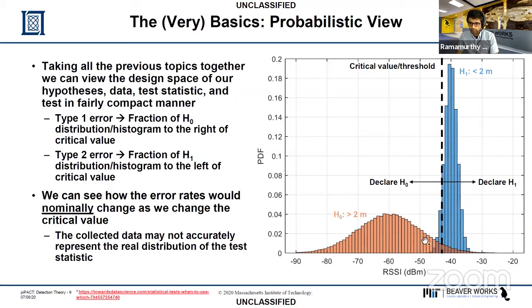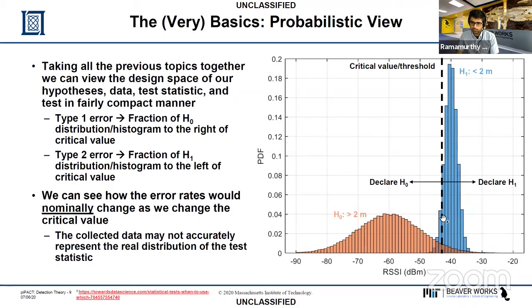On the other side, the type 2 errors are the false negatives, right? Where the truth is H1, but I declare H0, is this fraction of the blue histogram that's going to cause type 2 errors.